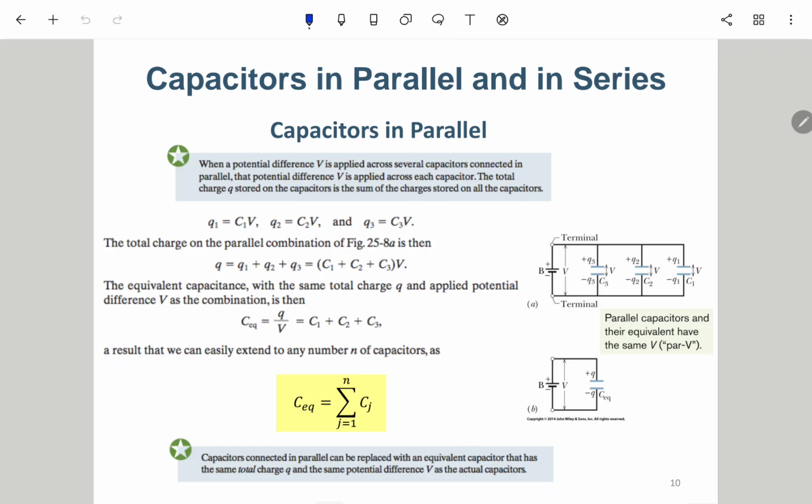Okay, so next, we talk about parallel and series, parallel meaning 并联 and series meaning 串联. Okay, so first we'll talk about capacitors in parallel.